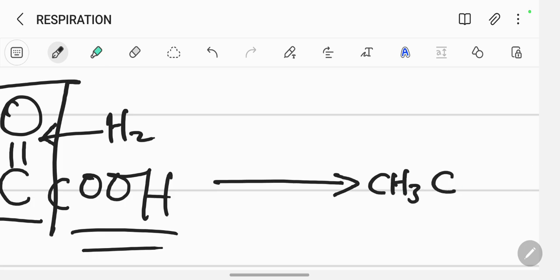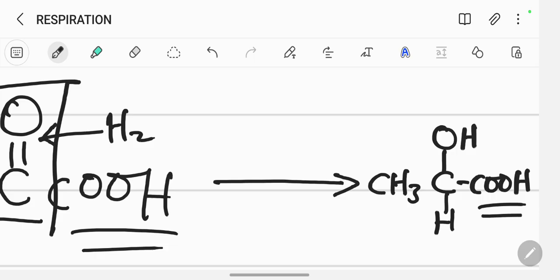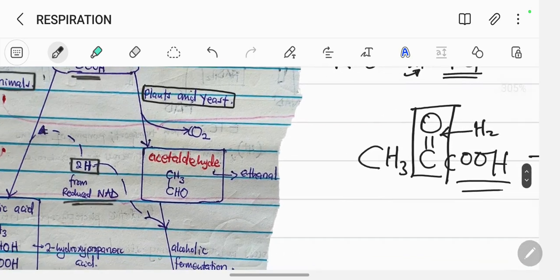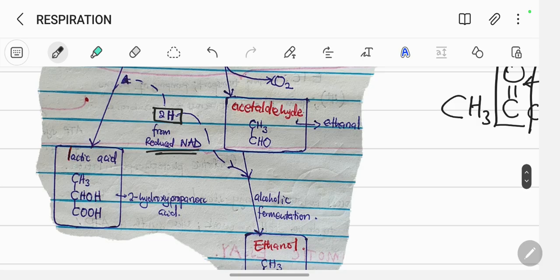CH3, C. They will break that bond, add one hydrogen there and hydrogen there, then they leave the carbonyl group intact. So we end up with such an acid, which is lactic acid. That's why we usually say that there is lactic acid accumulation during anaerobic respiration in muscles. So this is the lactic acid that has accumulated.